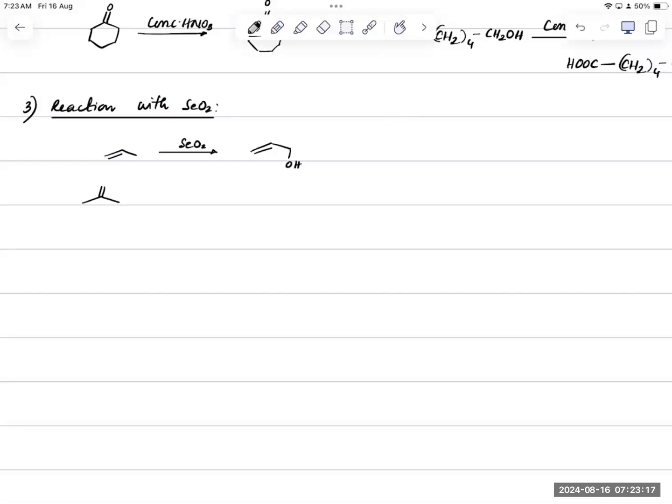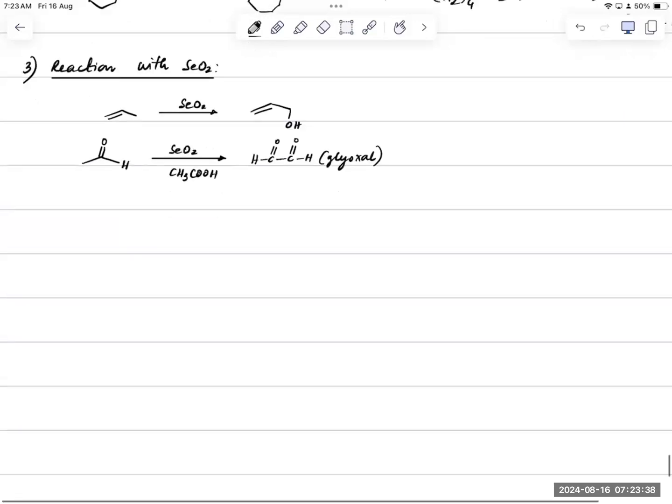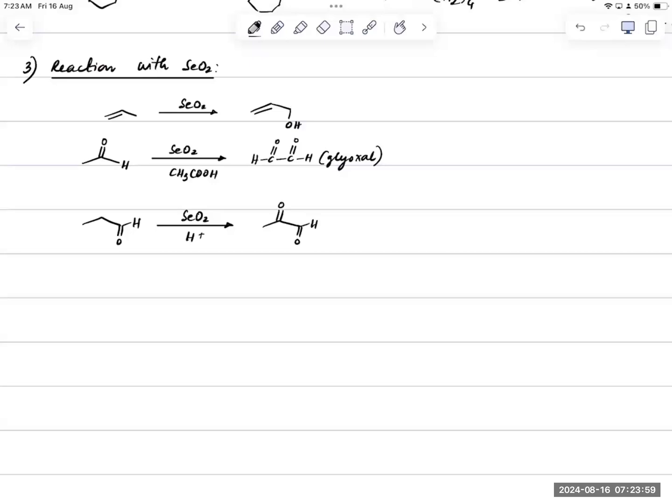But this time, if you have already an aldehyde present, selenium dioxide in acidic medium, CH3COOH, will convert this into glyoxal. So this is glyoxal. So it will oxidize the alpha position of the aldehydes. Okay. So suppose if you have a double bond O, H here, again if I use selenium dioxide in the presence of acid, then I will have double bond O, H, and here also we'll get double bond O. Okay, methyl glyoxal.